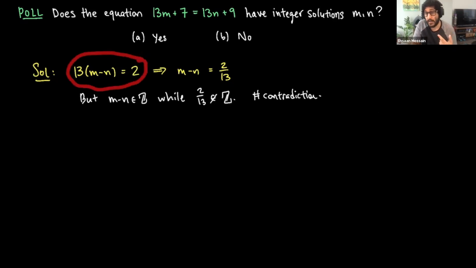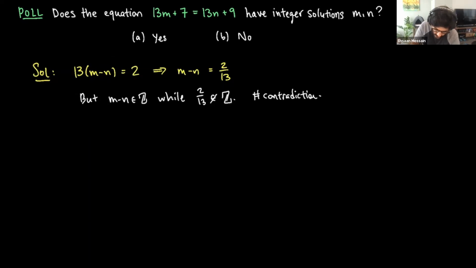What's an alternate way to say the exact same thing Mahadis just said? From this point up here. Two does not divide 13. Other way around, right? This is saying that 13 divides 2, right?